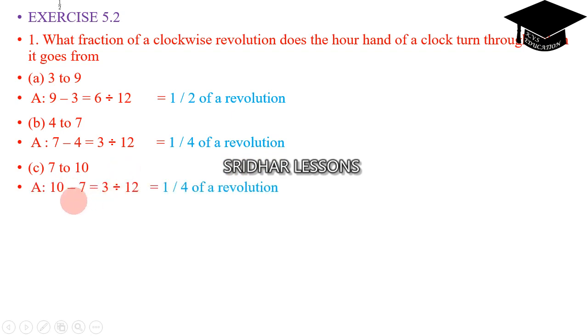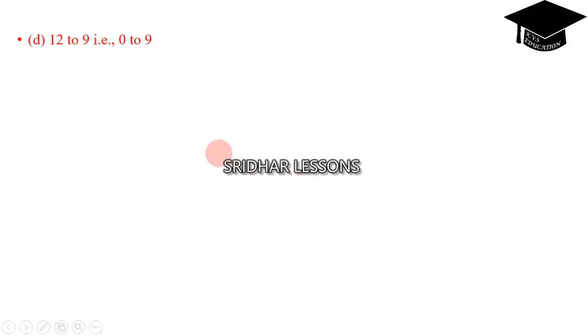It is again 10 minus 7 is equal to 3, divided by 12, is equal to 1/4 of a revolution. 12 to 9, that is 0 to 9. If you can observe in the clock, 12 to 9. So 9 minus 0, that is 9 by 12, is equal to 3/4th of a revolution.